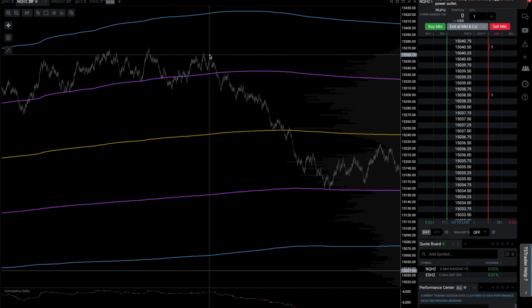At basically that one level, we test almost 11 times. We had multiple tests, right? We weren't going above 15,372.50. So we weren't going above that.